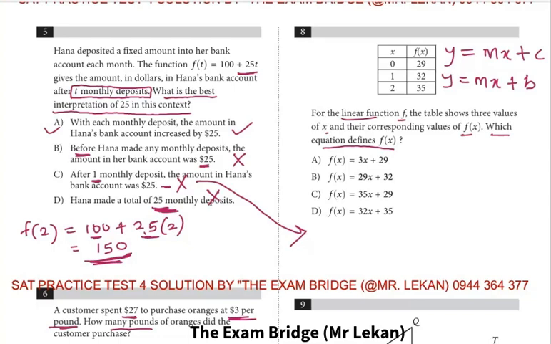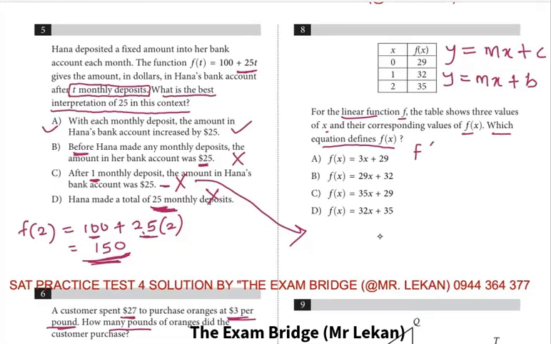Now, look at the question. Which equation defines f of x? Now, just pick them one by one and see how we are going to do it. I know that f of x, which can also be written as y, is equal to mx plus c. Now, when x is 0, f of x is 29.